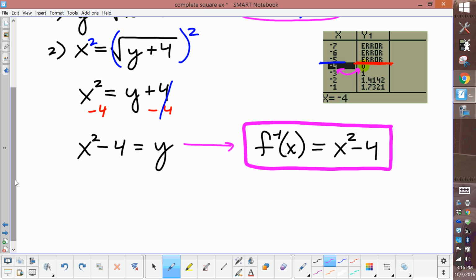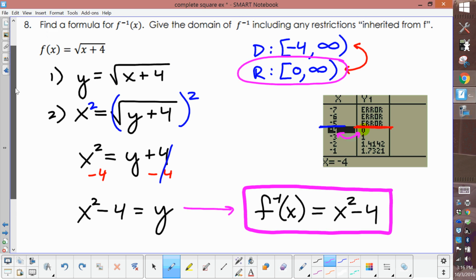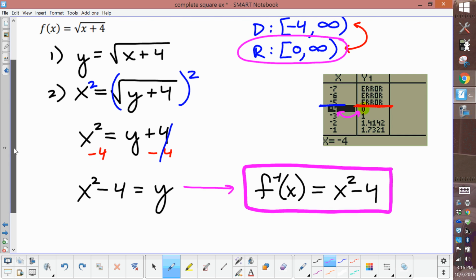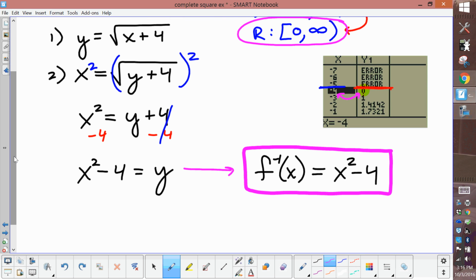But I still have to follow the rules of the original function. The original function says for this y table over here that I can't have any numbers less than 0. So the numbers I'm plugging back into this inverse have to follow those same rules. So my domain here now is 0 to positive infinity.